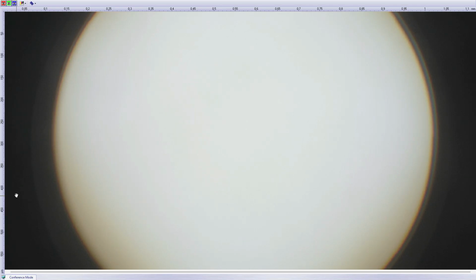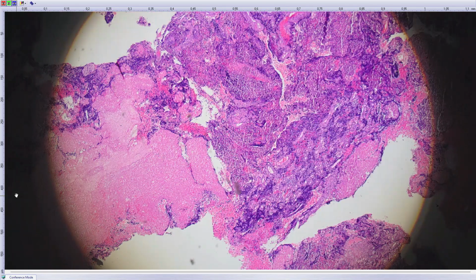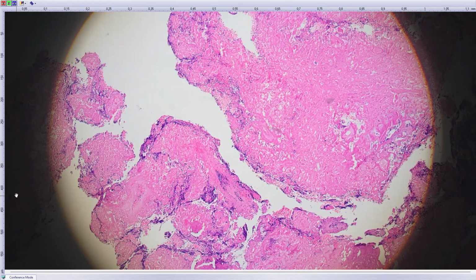My next example is an old lady, and she presented with a subcutaneous tumor in her thigh area, and we saw this tumor type several times, so it's quite easy.